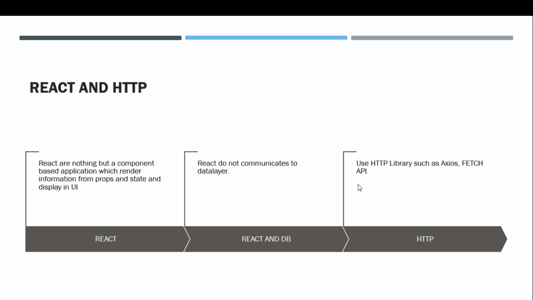One of the most commonly used HTTP libraries is Axios, and even the Fetch API has a lot of support right now. I prefer Axios in this particular tutorial. In the upcoming two tutorials, we will see how to use HTTP GET, and in the other tutorial, how to use HTTP POST.